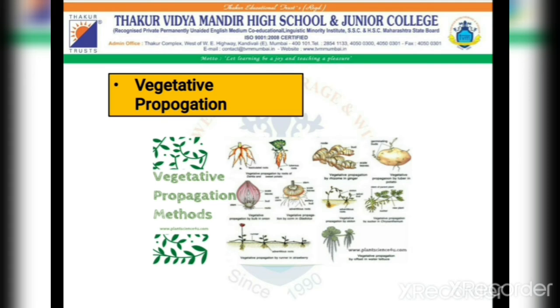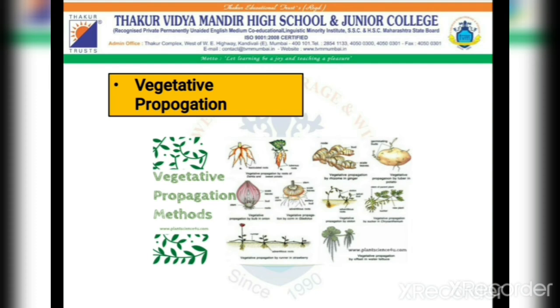The next is a very good, interesting example of bryophyllum. The diagram is given in your book. Bryophyllum reproduces with the help of buds present on the leaf margin. This bryophyllum is considered a very important medicinal plant, especially for stone problems.